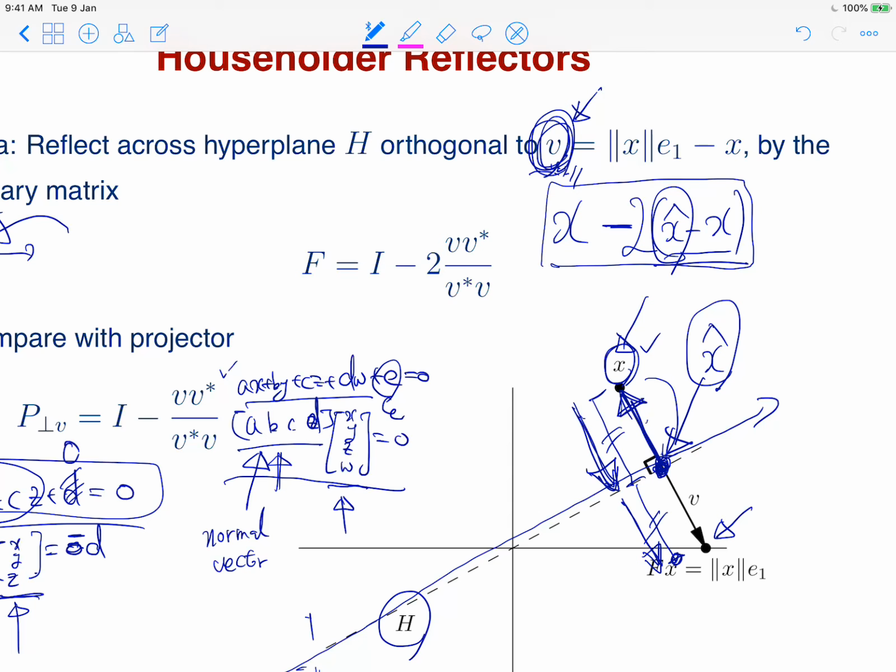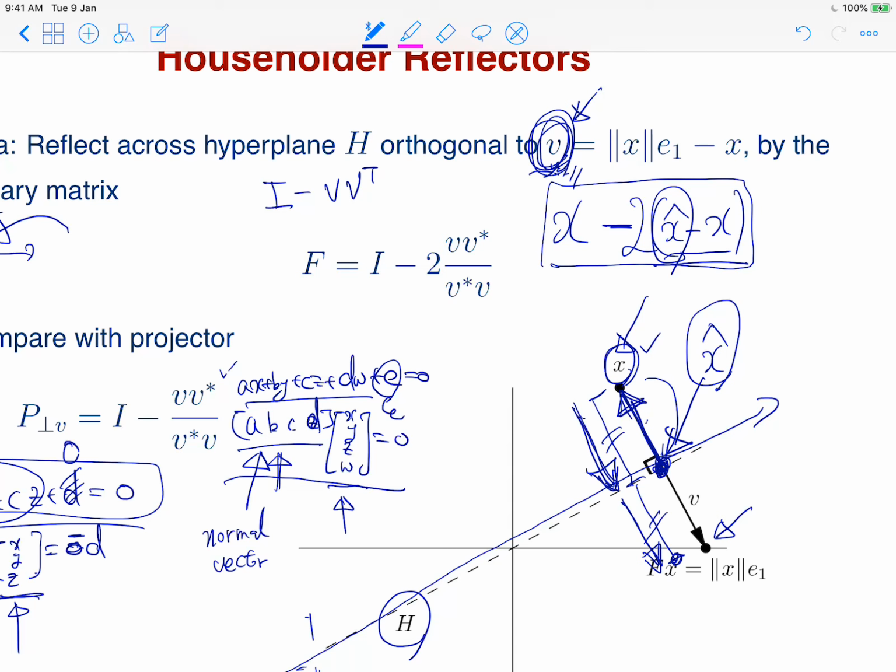So in that case, I minus V V transpose, right?